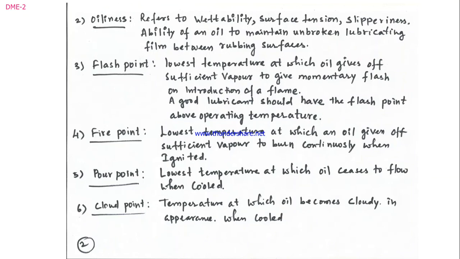If it is within 0 to 100 degrees Celsius, there is a possibility that your lubricant will catch fire with the slightest spark on the surfaces. That should not happen, so flash point should always be higher than your operating temperature.